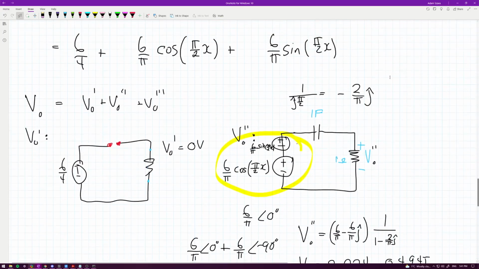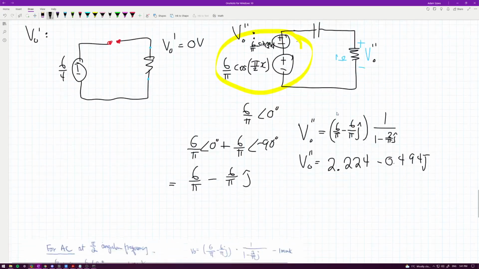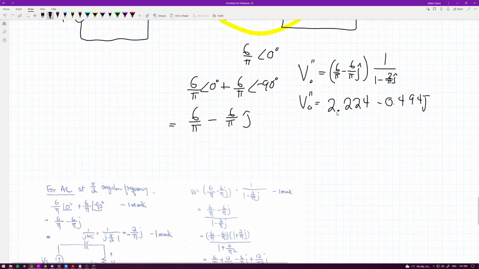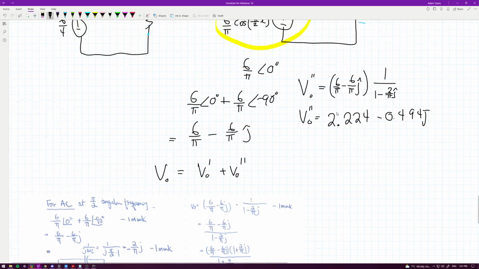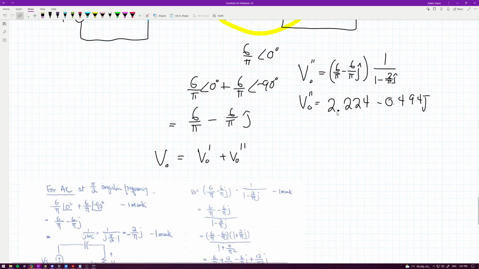And since the DC component was 0, VO double prime is equal to VO. So essentially what we did is we broke VO up into VO prime and VO double prime, no triple prime, right? And this is 0 for the DC component, and so that's equal to VO.